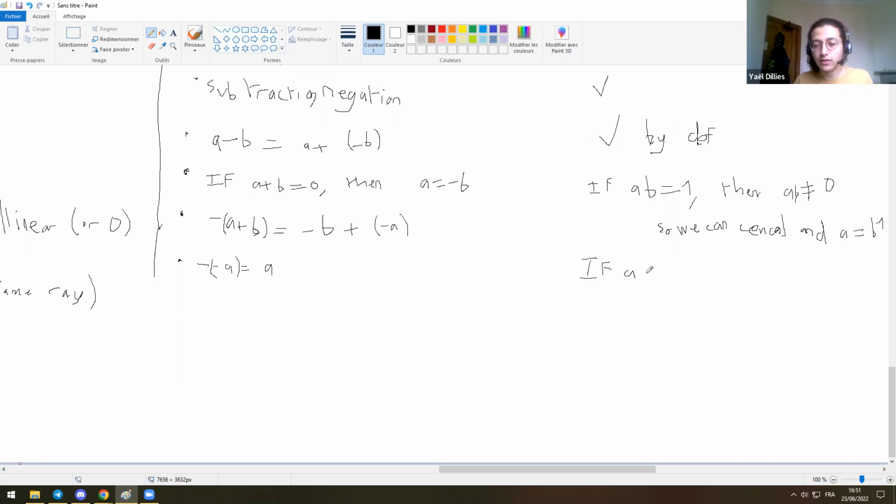If A is equal to 0, obvious, because this will be minus B and this will also be minus B. Because the inverse of 0 is 0.